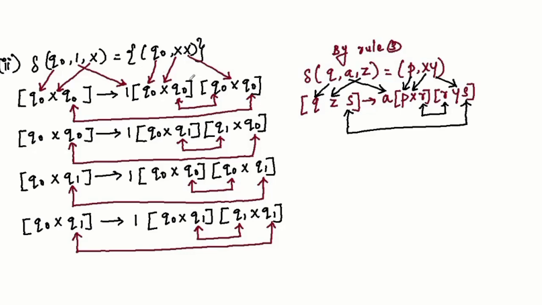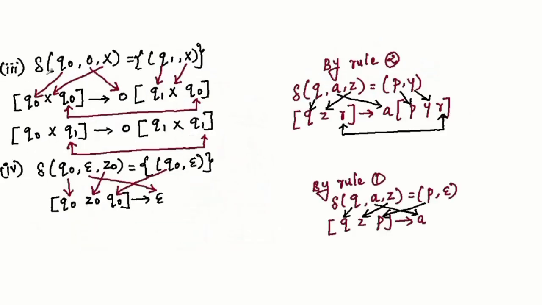Then write here Q0 Q0, Q0 Q1, Q1 Q0, Q1 Q1. In place of the variable S, you must use that same symbol wherever S appears in the production. So write Q0, Q0, Q0, Q0, Q1, Q1, Q1, Q1. Likewise, in place of R, use that same state throughout the grammar wherever R is referenced: Q0, Q0, Q1, Q1, Q0, Q0, Q1, Q1.